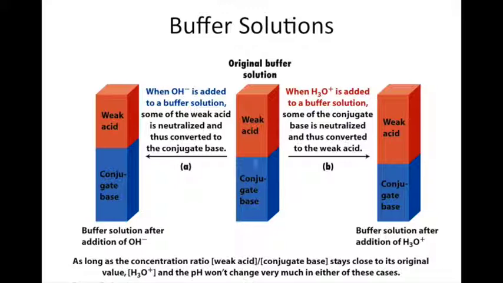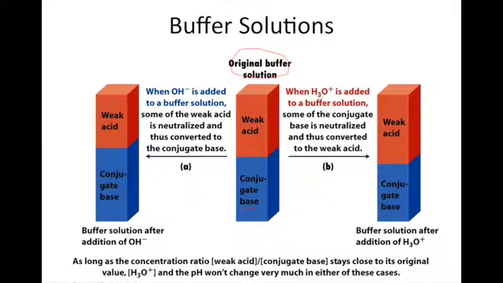To sum that up, here we have our original buffer solution containing a weak acid and its conjugate base. When hydroxide is added to the buffer, the hydroxide gets neutralized, so the conjugate base concentration increases slightly.